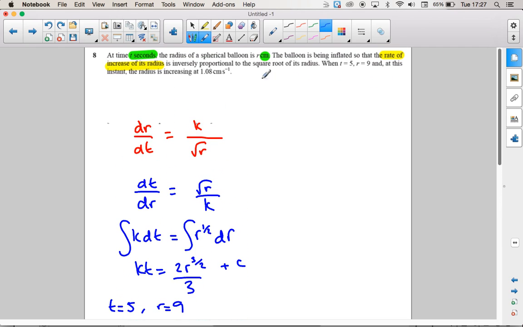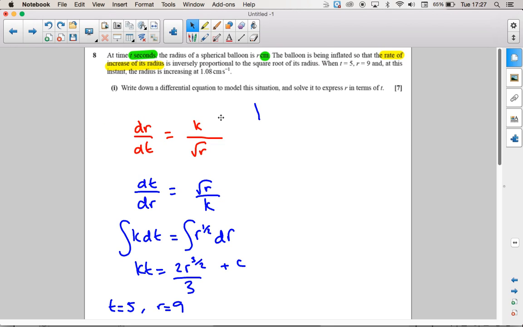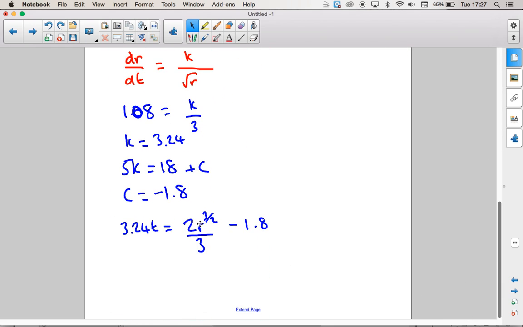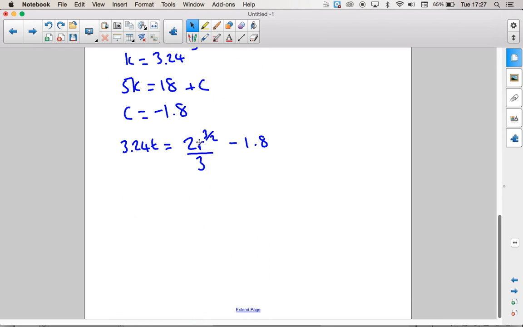equation with r in terms of t. So r in terms of t means r equals. So we've got to make r the subject now. First thing I'm going to do that is times everything by 3.